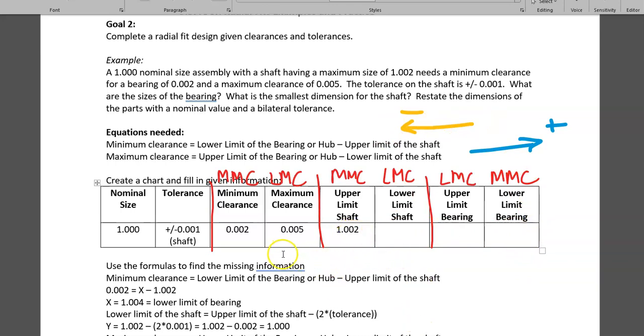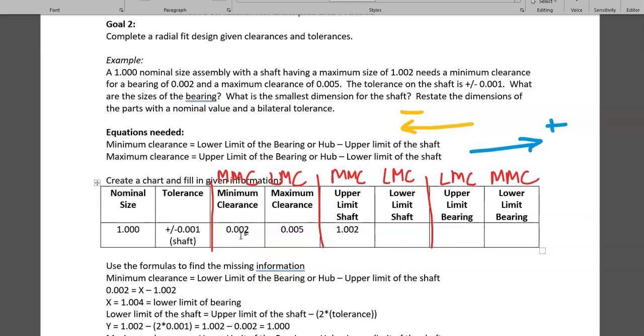So what I'm looking at here is I have to determine which number I want to do first. Now, since I have one of my MMC numbers, I'm going to go ahead and fill in this column first. Okay, so when I'm looking at this, my lower limit bearing minus my upper limit shaft is going to give me my minimum clearance. So this number, whatever that is, minus that number will give me 0.002.